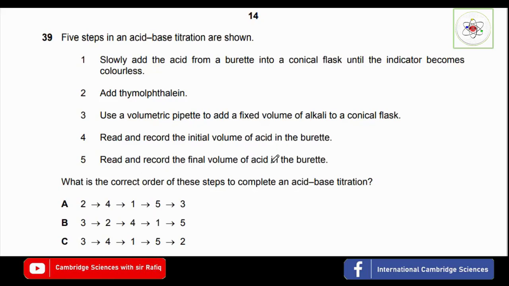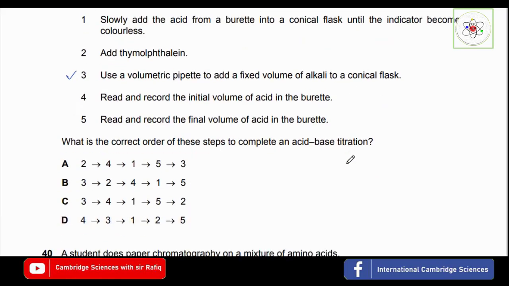The first step is step 3, because you use a volumetric pipette to add a fixed volume of alkali to a conical flask. So your answer will be either B or C. What is the second step? You add thymolphthalein.